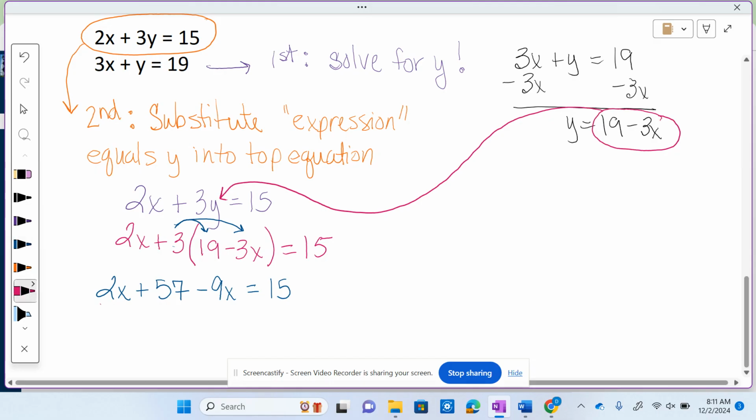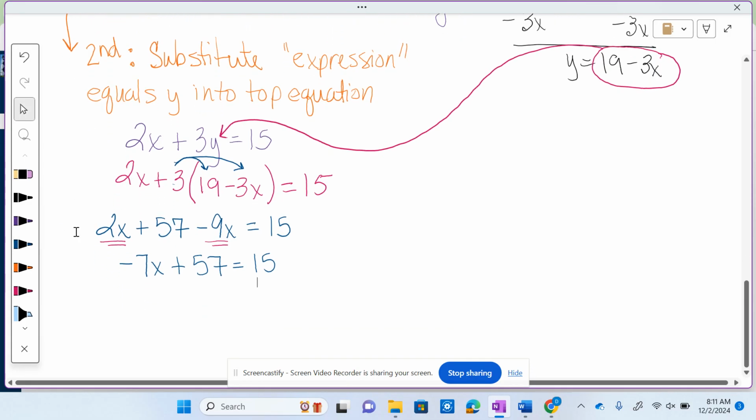Combine like terms. Yeah, I need to take this 2x and this negative 9x and combine them. What does that give me? Negative 7x plus 57 equals 15. Now what? Subtract 57 from both sides.